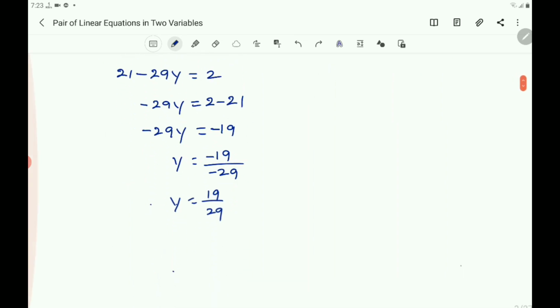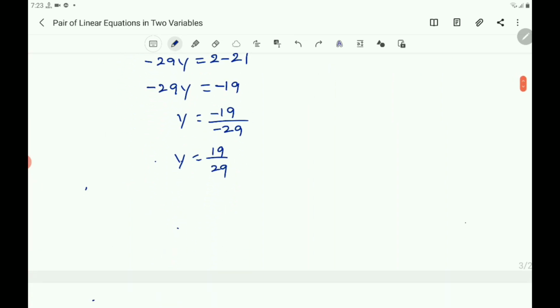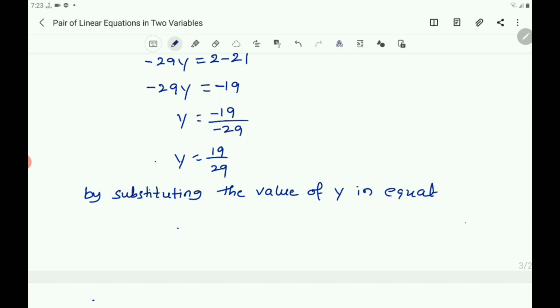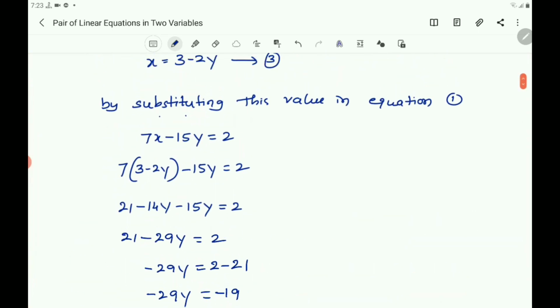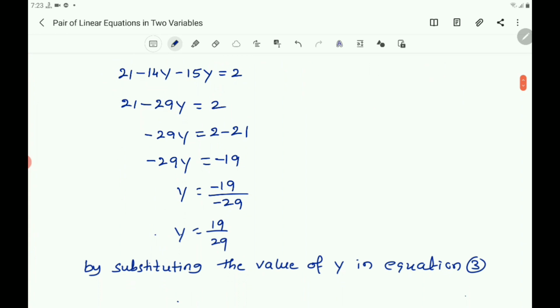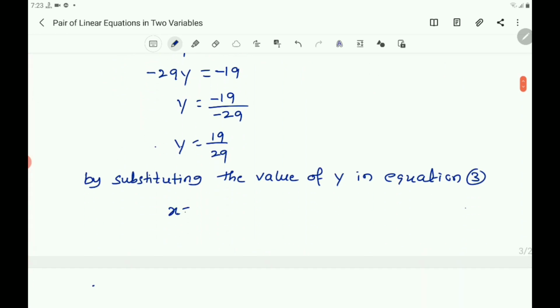Then you write, by substituting the value of y in equation 3. What is that equation? X equals 3 minus 2y.